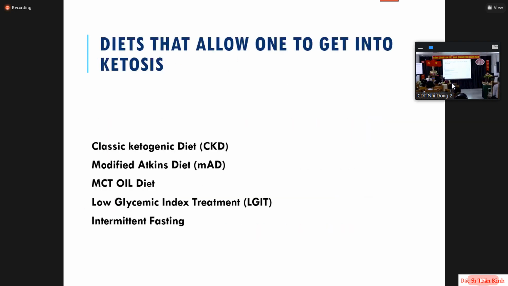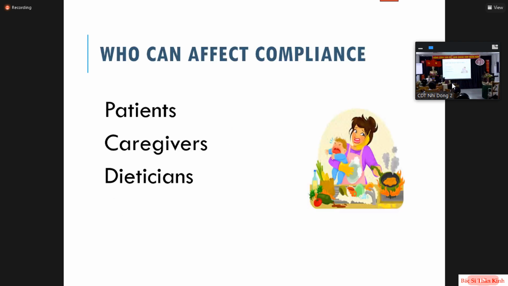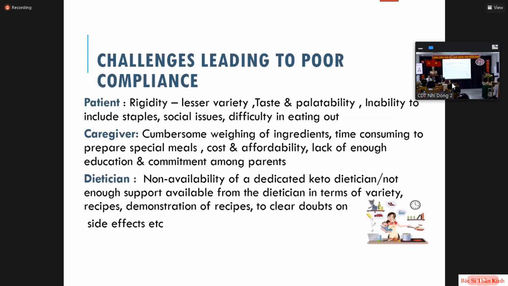This has already been discussed many times, the different diets that help one get into ketosis. So at what levels can compliance be affected? It can be at the level of the patients, caregivers, and even dietitians. As a patient, the main challenges one comes across are rigidity, because this diet is definitely very rigid and has less variety of foods.